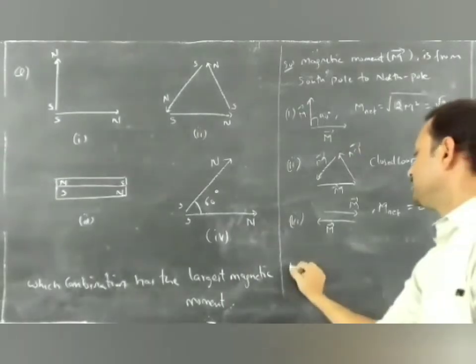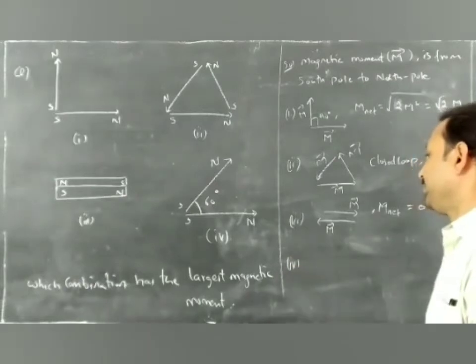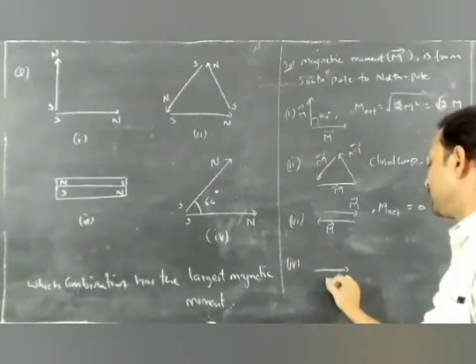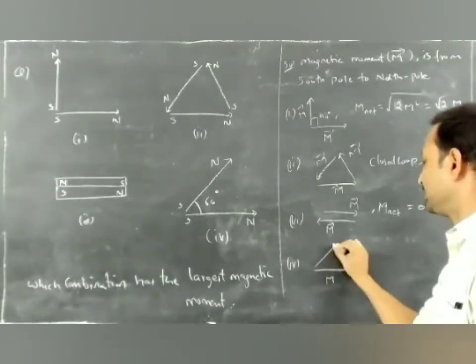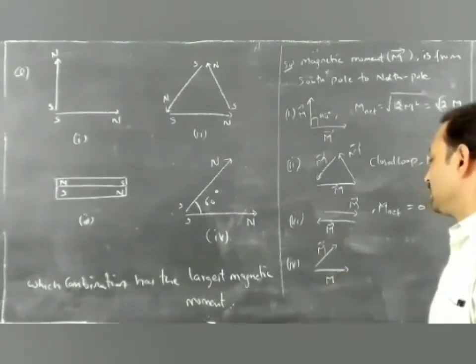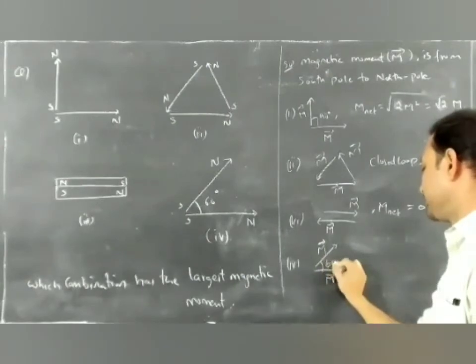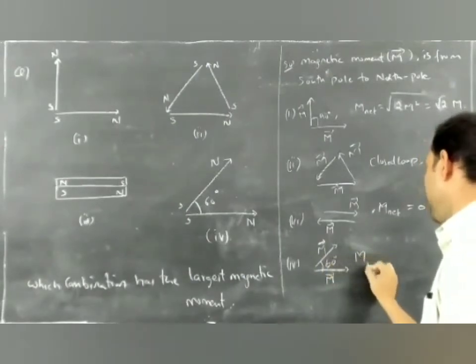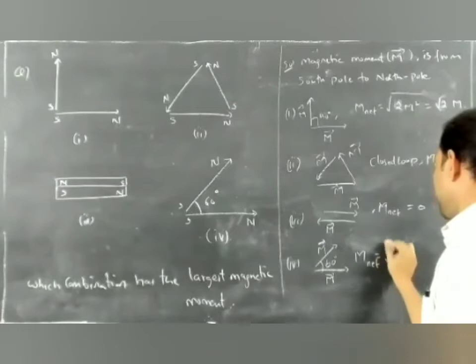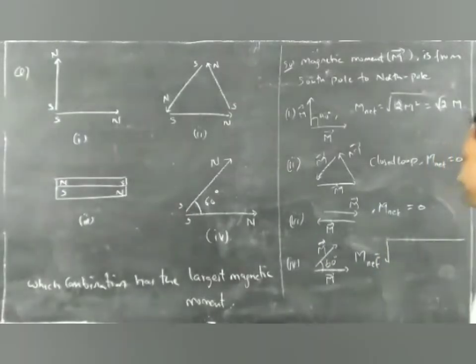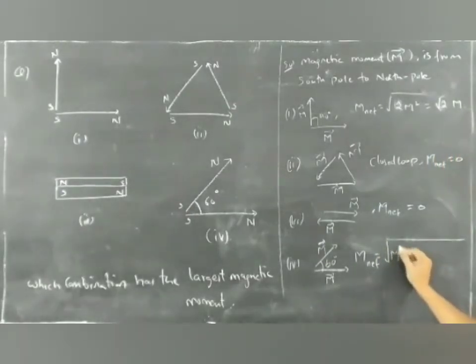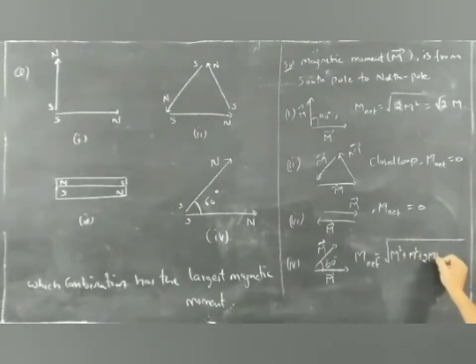Okay, now coming to the fourth diagram, the net magnetic moment. This is the direction of one magnetic moment and this is the direction of the other magnetic moment, and the angle between them is 60 degrees. So according to the law of parallelogram of vectors, we get root of m square plus m square plus 2m square into cos 60. Now what is the value of cos 60?